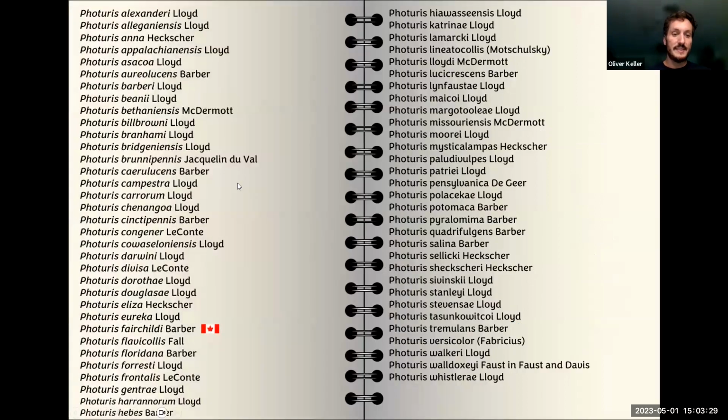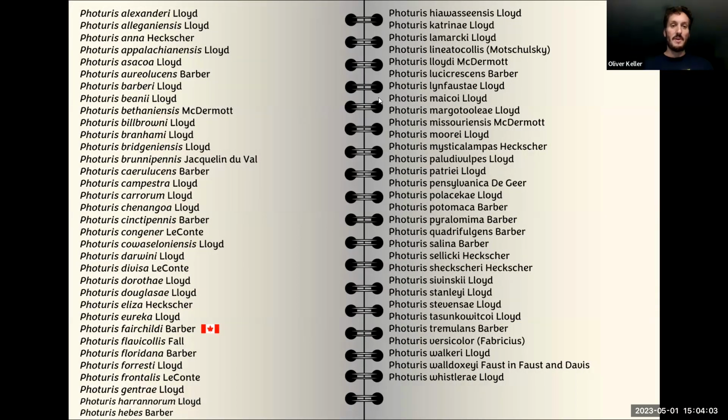This is a list of the species we have. Canada has only one species, Photuris fairchildi. They used to list pennsylvanica as a species as well, but since the last paper last year, it's clear that this species only occurs in Delaware and not anywhere else. So Canada is now down to one, while the US has 65 species, half of which were described by White, and a big number also by Barber.